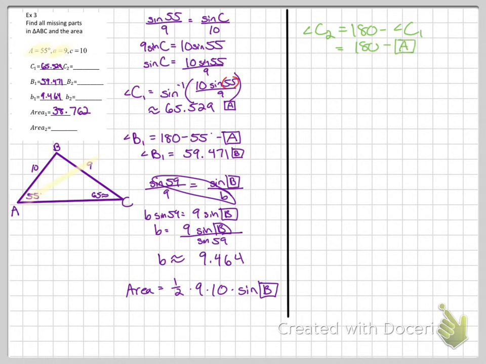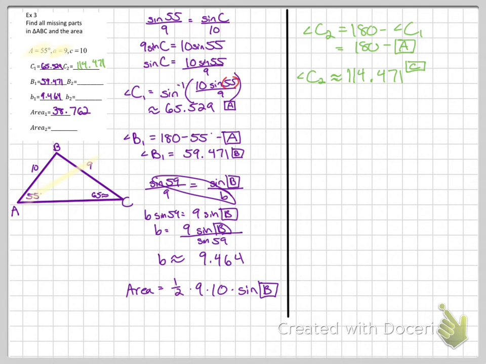You got to keep track of that stuff. So 180 minus button A is going to give us C2. You should get 114, this is approximate, 0.471, and you need to store that, and we are currently on button C if you're keeping up with me. 114.471.